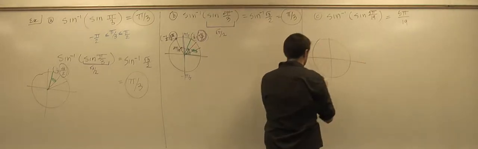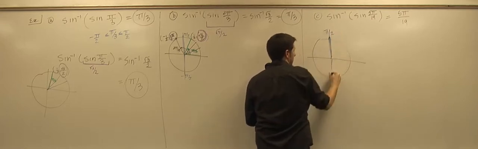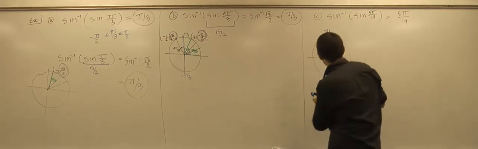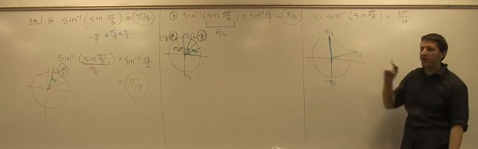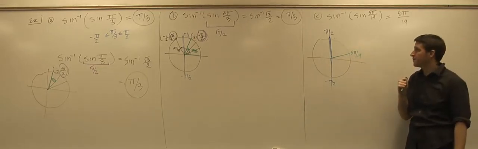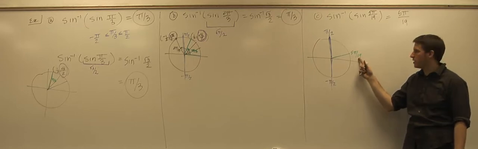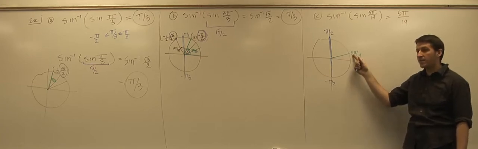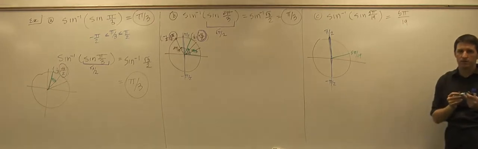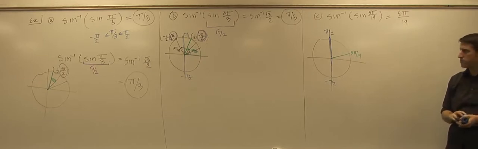If you graph this, here's pi over 2, here's negative pi over 2, and here's 5 pi over 19, somewhere down here. How do I know this hasn't gone past pi over 2? You would have to get the top to be half of 19 in order to get pi over 2. Half of 19 is 9.5. So as long as the top is less than 9.5, this whole fraction is less than pi over 2, which means it's in the correct quadrant, so we can answer this very easily.